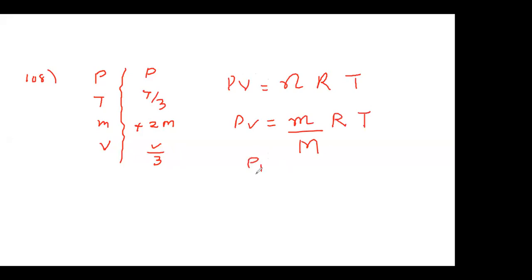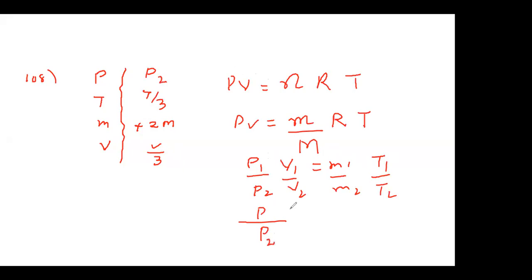So first pressure P1, second pressure P2, first volume V1, second volume V2, first mass M1, second mass M2, first temperature T1, second temperature T2. First pressure P1 is P, P2 we want to find. Volume is V, new volume V by 3.